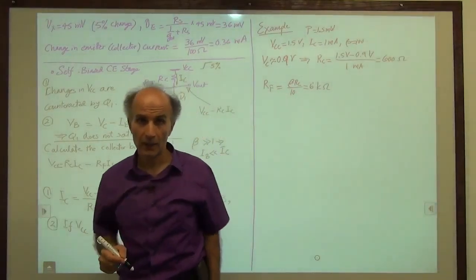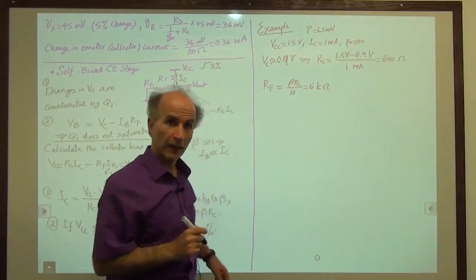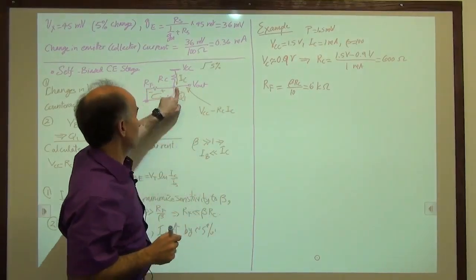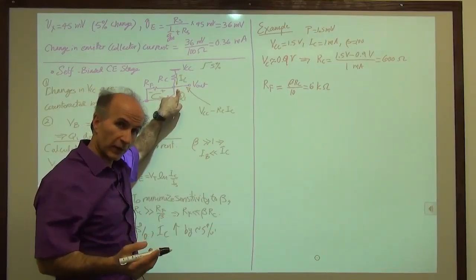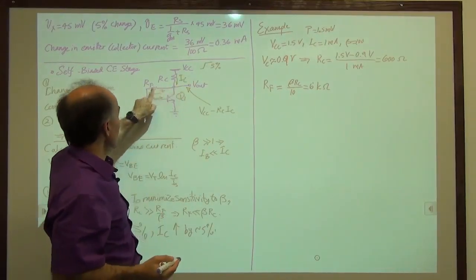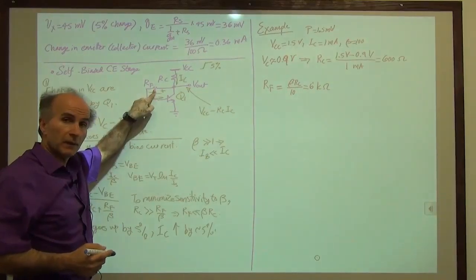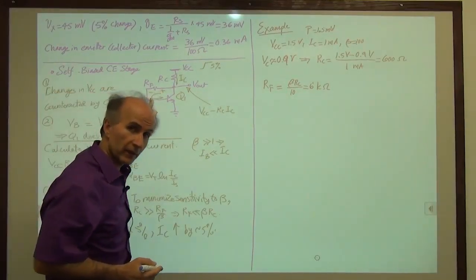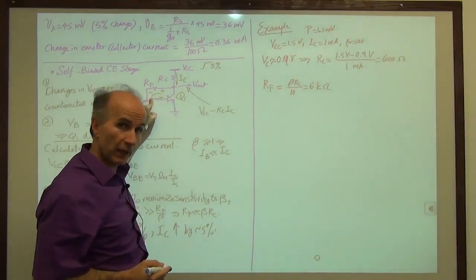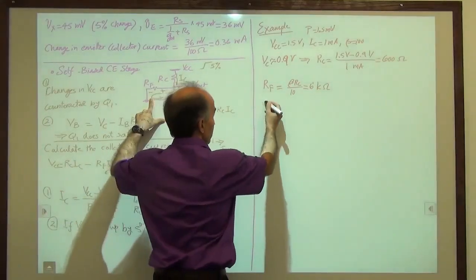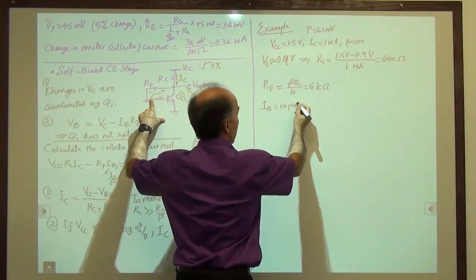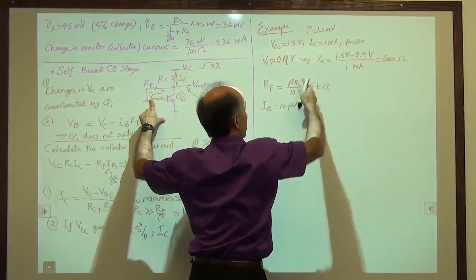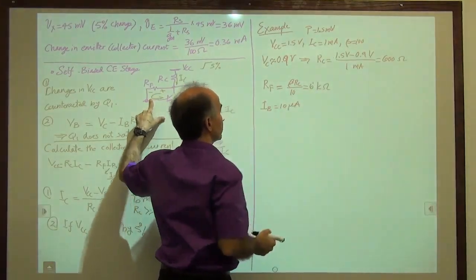Okay, 6 kilo ohms. Now let's do a quick check. I assumed that the collector voltage is 0.9 volts. Is that close to what we want or not? Well, RF is 6 kilo ohms. The base current is about 10 microamps, because the collector current is 1 milliamp and the beta is 100.